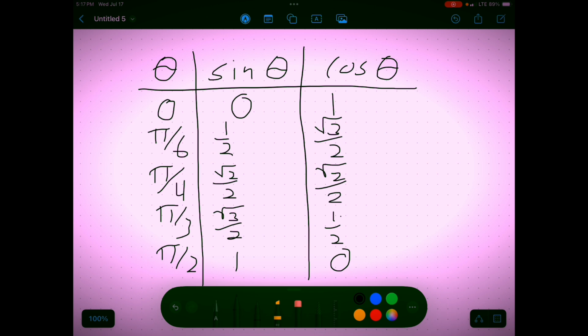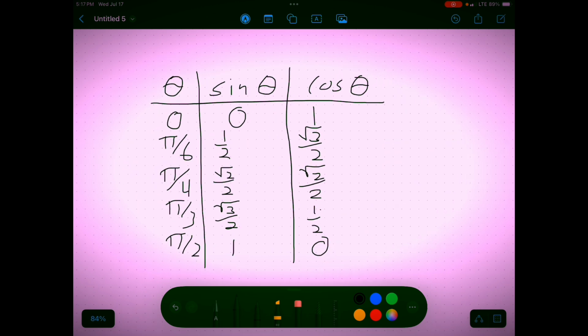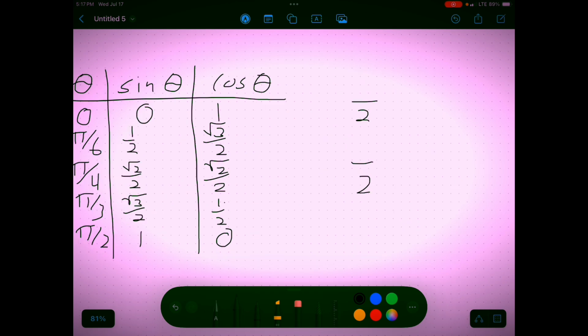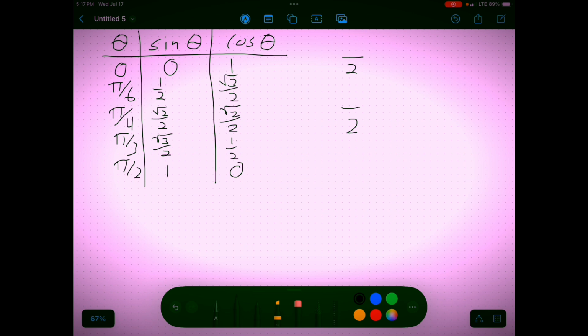Now, how do you ultimately remember that? Well, I'm only going to show you this once, and just know that it applies both forwards and backwards. What I'm going to do is I'm just going to write a bunch of things over 2. Let's give myself a little more room here.